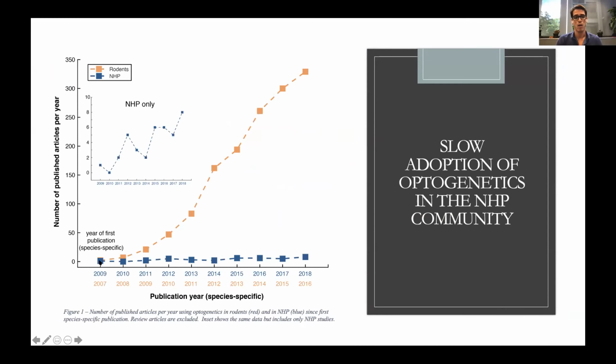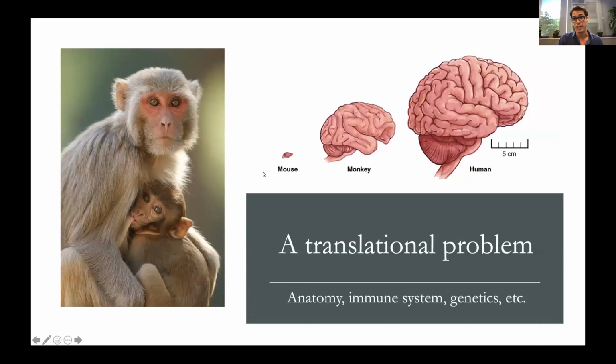Here, if we have a look at all the papers that are using optogenetics, starting with the first paper in rodents, which was in 2007, and in non-human primates in 2009, we see that there is a widespread adoption of optogenetics in rodents, almost an exponential growth, whereas in non-human primates we have a very slow adoption of the technique, which is a very linear increase that is not so impressive in comparison to rodents. And so that seems to indicate that there is a failure in translation.